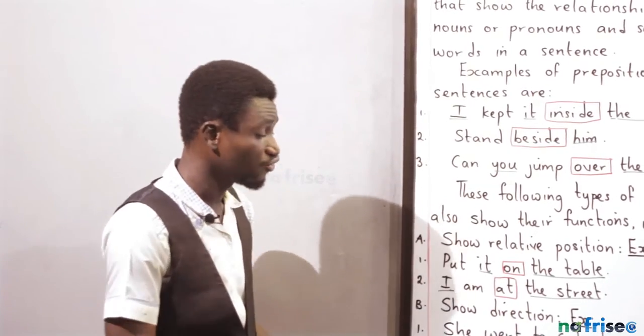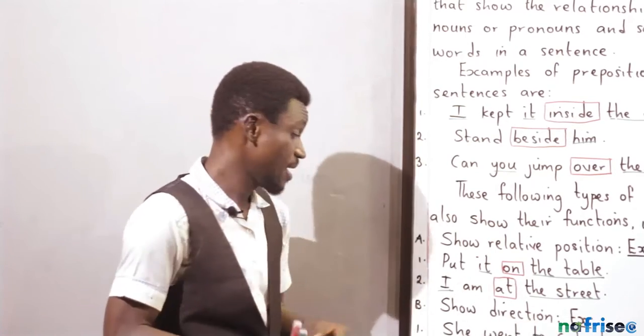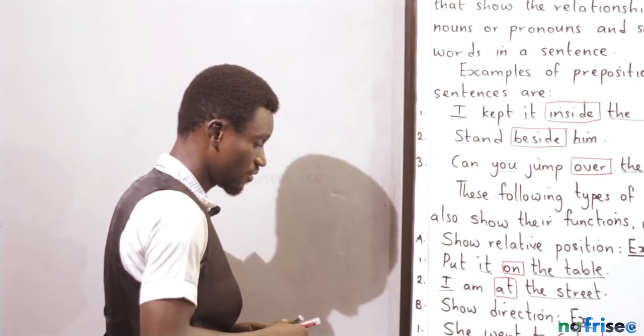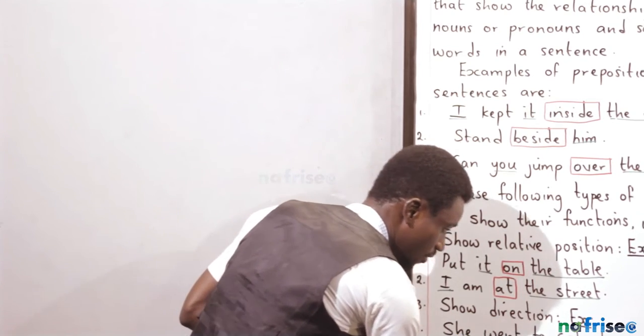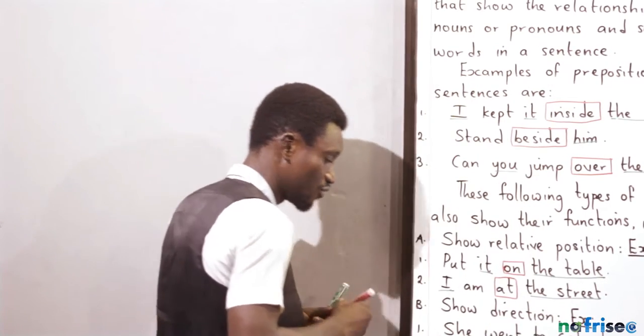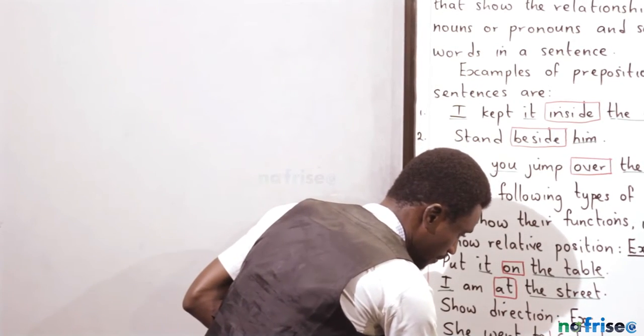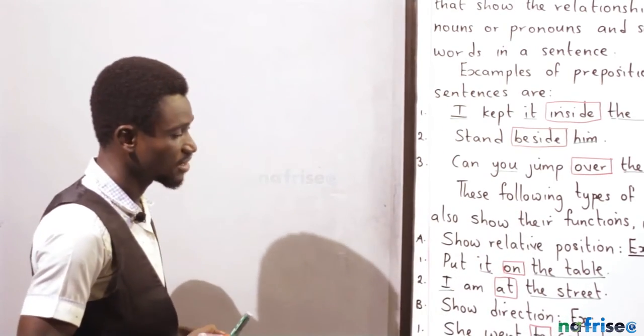Now the second function, they show direction, that is telling us where a particular thing is heading to. And look at this. She went to the school. So we've got she, which is a pronoun here, and we've got school, which is a noun here. So what is now the relationship between the two? That's to. Now the second example, the cat ran across the road.